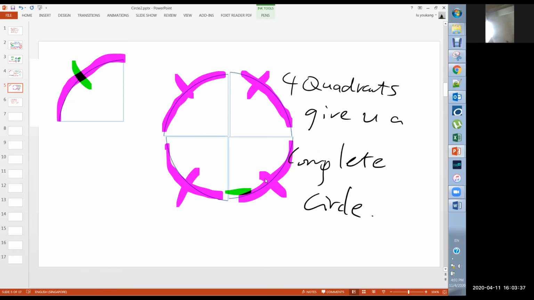So therefore, the purple line here is always 1/4 of a circle's circumference, or perimeter to be precise. One more time. The quadrant purple line is always 1/4 of a circle perimeter. Very good.